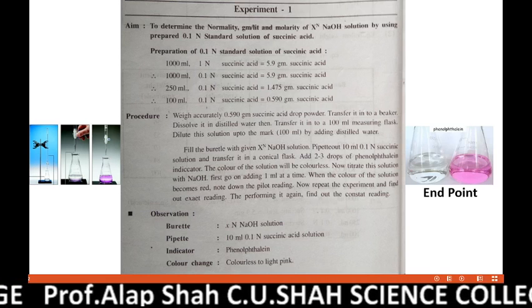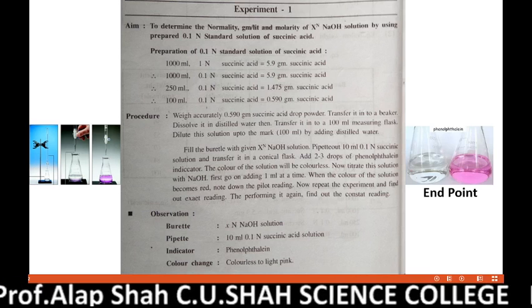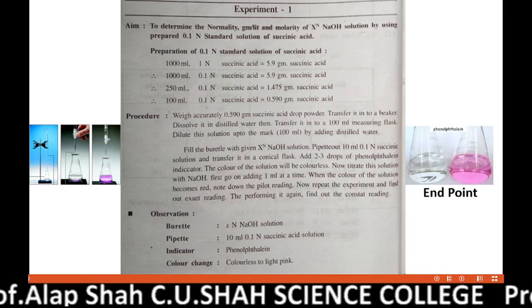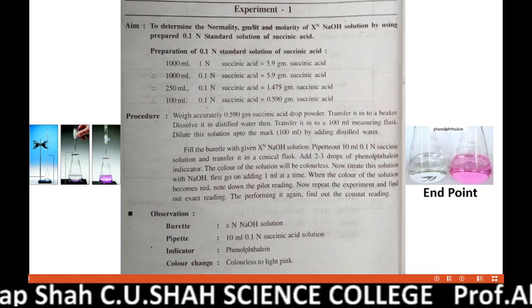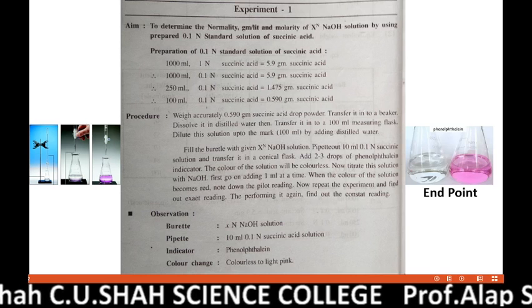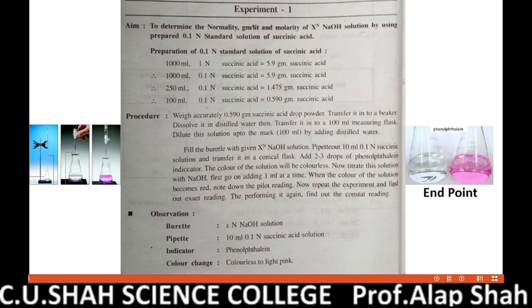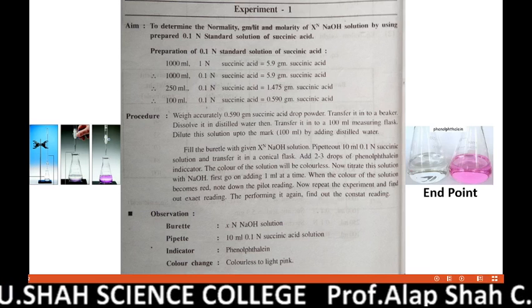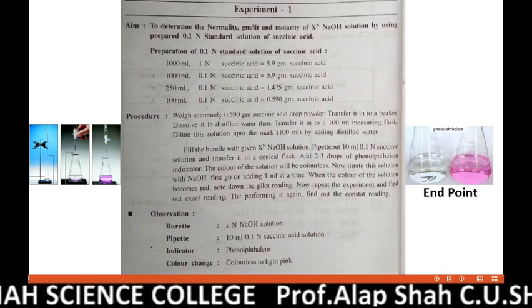And since the reading is 10.7, when we add the 11th ml of NaOH, you will get the final color. So our pilot reading is 11 ml, and it indicates that our reading is somewhere between 10 and 11 ml. So ultimately the pilot reading is nothing but the rough range of our reading.